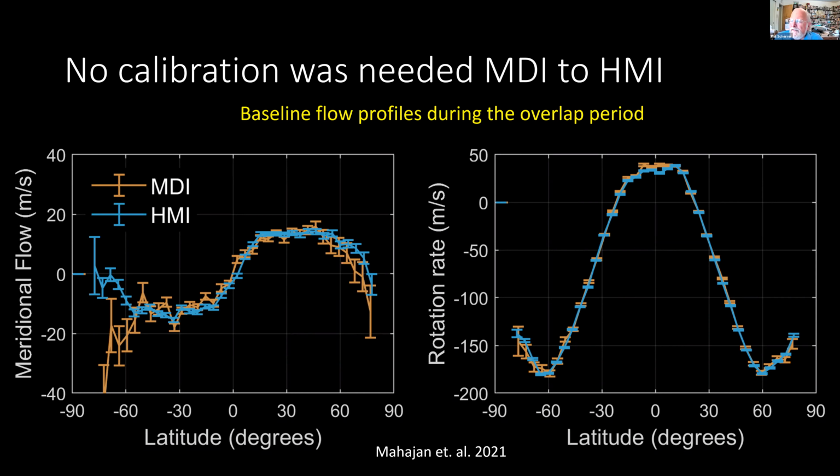So it's difficult to see things like that. That's why we use seismology instead of direct Dopplergrams. But it's interesting that the slowdown at the equator was there in all the Mount Wilson data also.